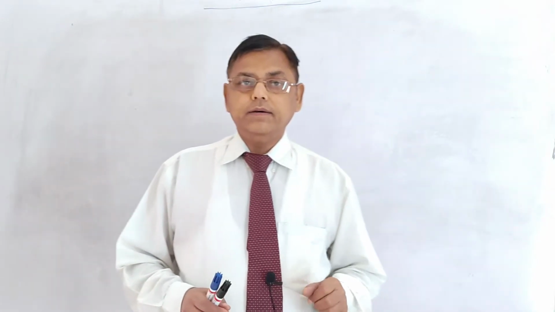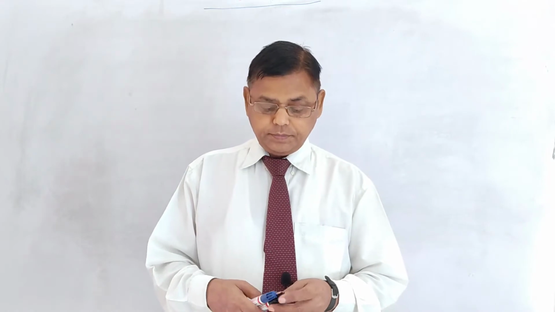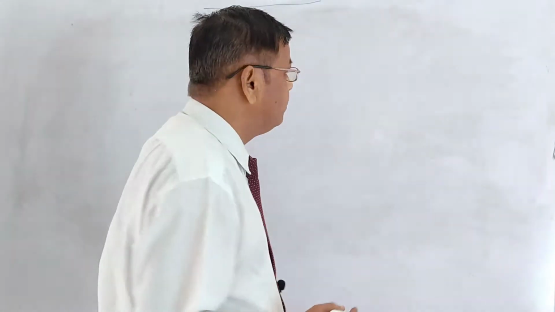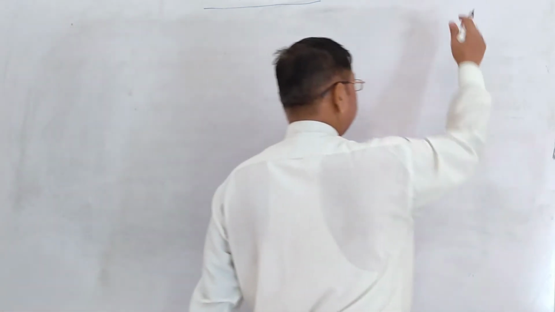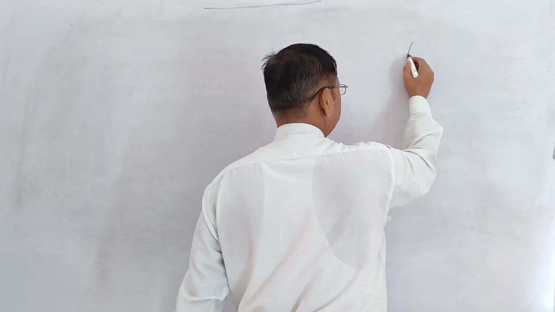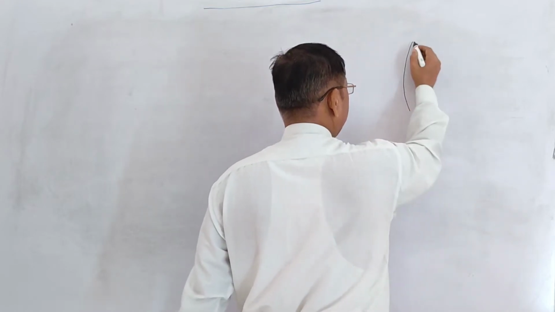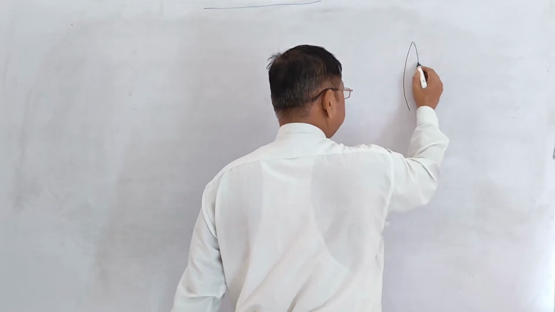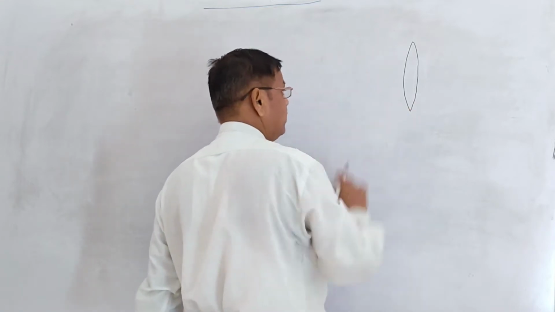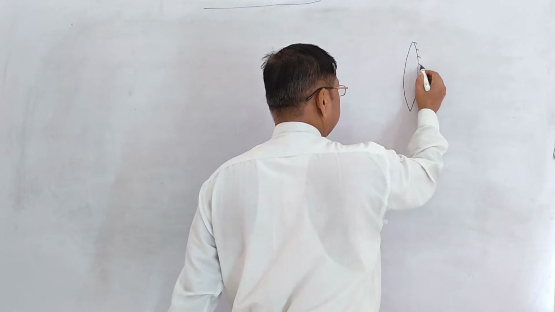Today I am taking the silvering of a lens. Suppose one surface of a lens is silvered. This is a lens, of course a thin lens, and one surface of it is silvered.